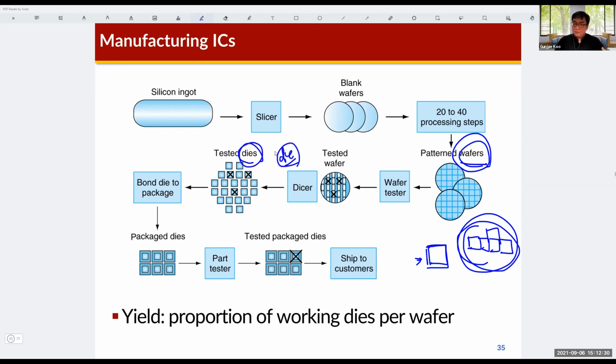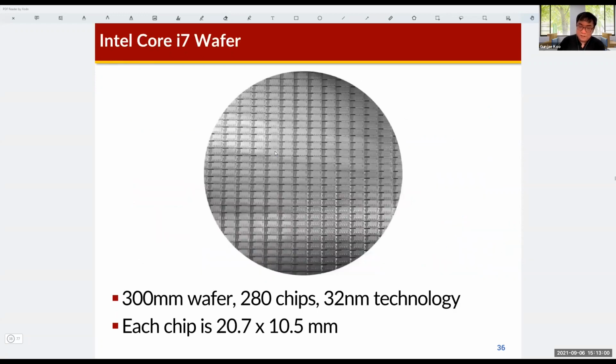And then the die is the separate chip. It's called fabrication. And then we include the package on this die, and then we can manufacture the chip of the electric devices. Okay, it looks like this.